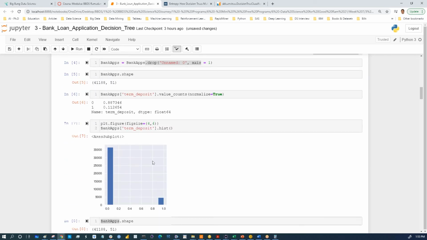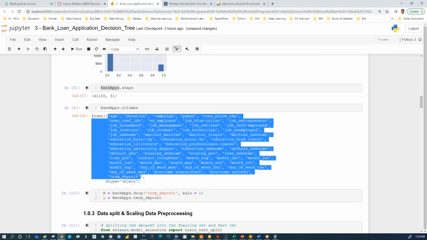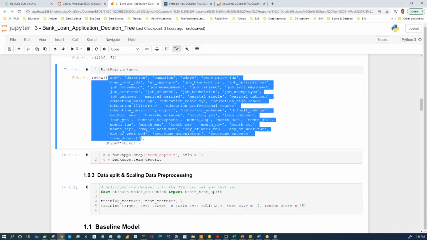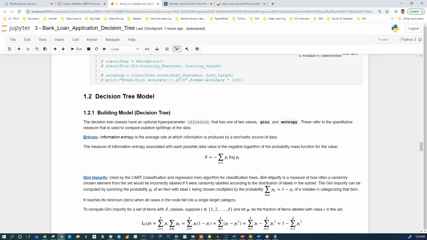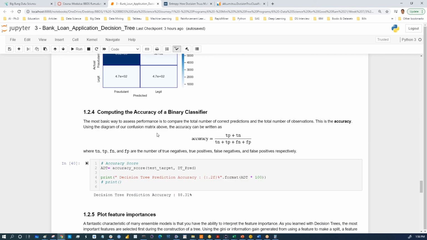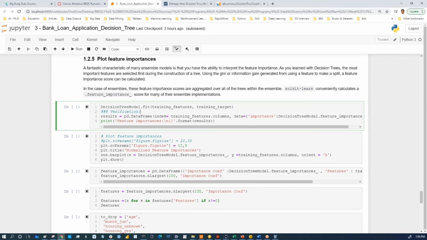But some of these features might not have been important for the decision tree to make a decision. To determine which features were used, we are going to import something called feature importance. It's simply a parameter designed for decision tree models. So we are going to import these features.